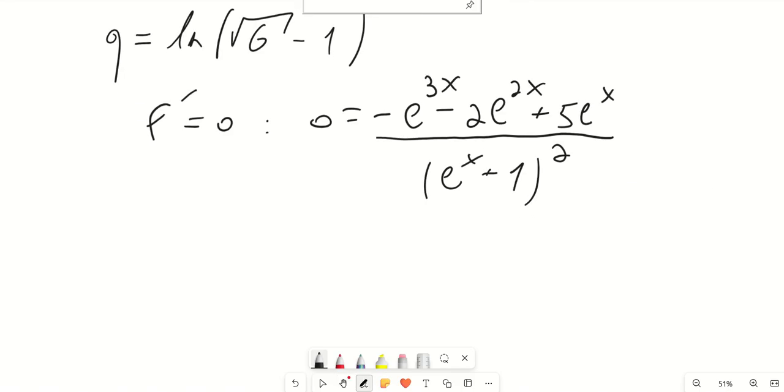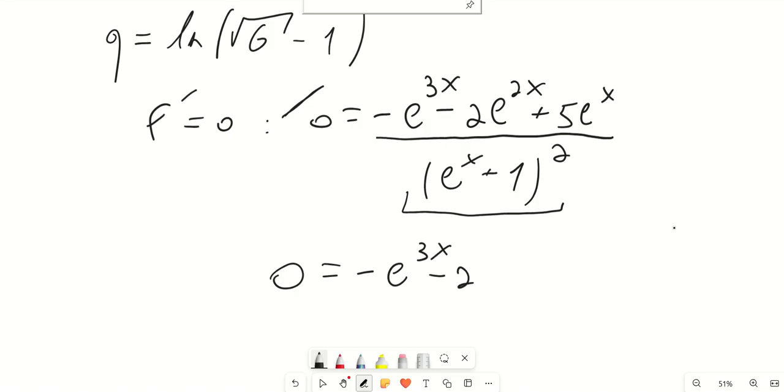Let's solve this equation. So I do here a common denominator, which means that I have to multiply by the denominator, but since here I have 0, it will stay 0. And in the right hand side, I am left with this term.